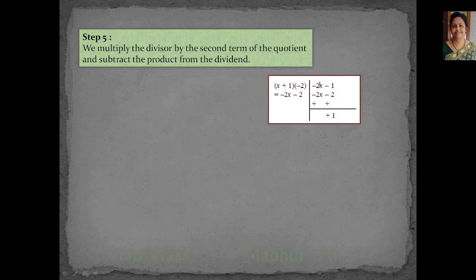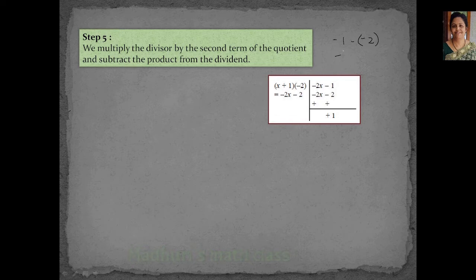So we will subtract that from the dividend. Minus 2x minus minus 2x is 0. Then minus 1 minus of minus 2. Minus of minus 2 means you will get plus 2. So negative 1 plus 2. That means negative 1 minus negative 2.